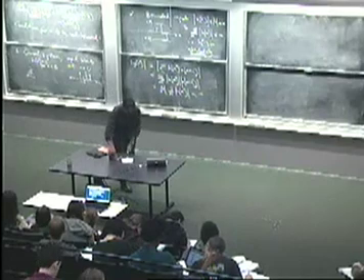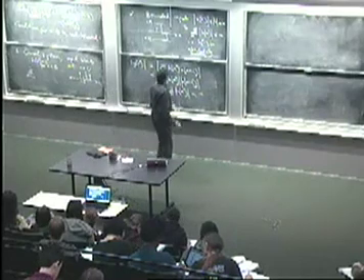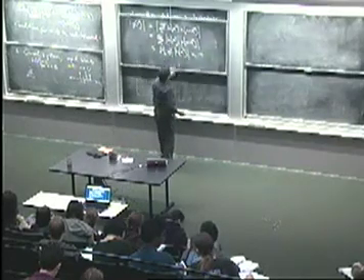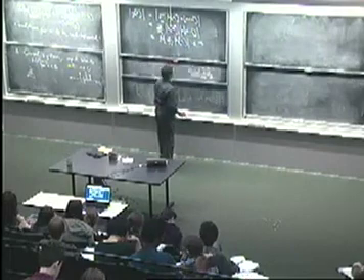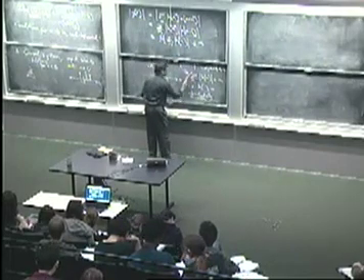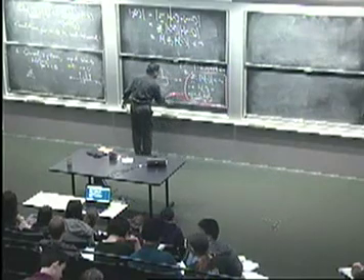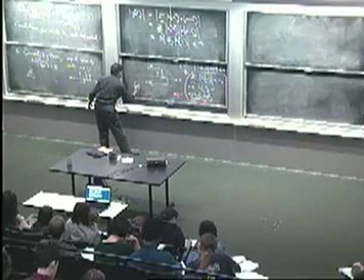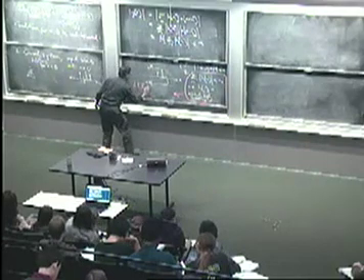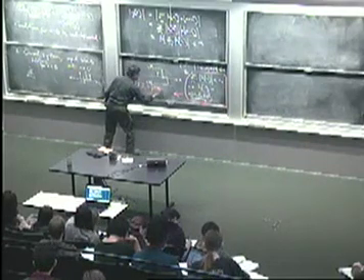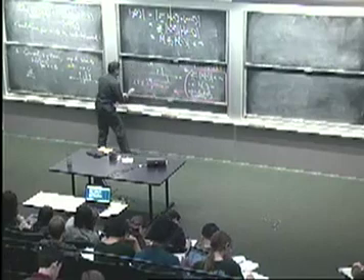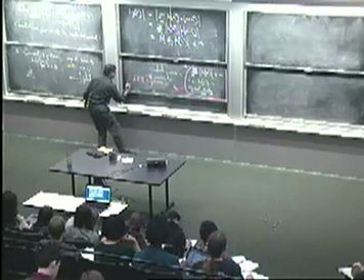And because of this result, we actually refer to an LTI system that satisfies this absolute summability condition. We say that the LTI system is bounded input, bounded output stable.